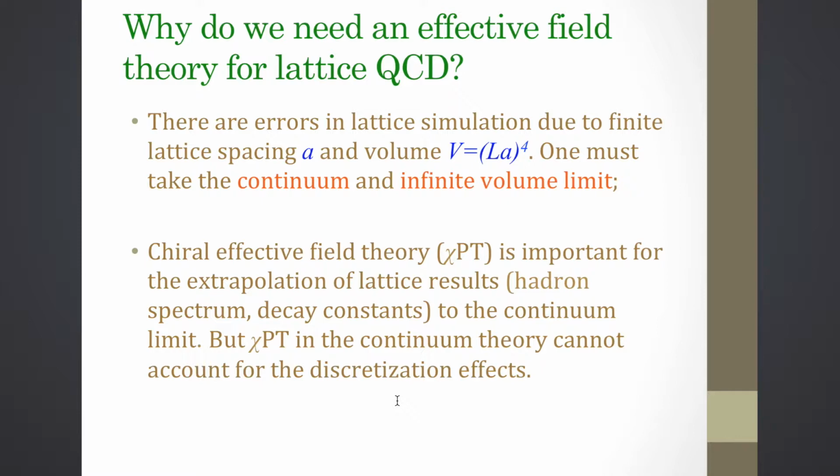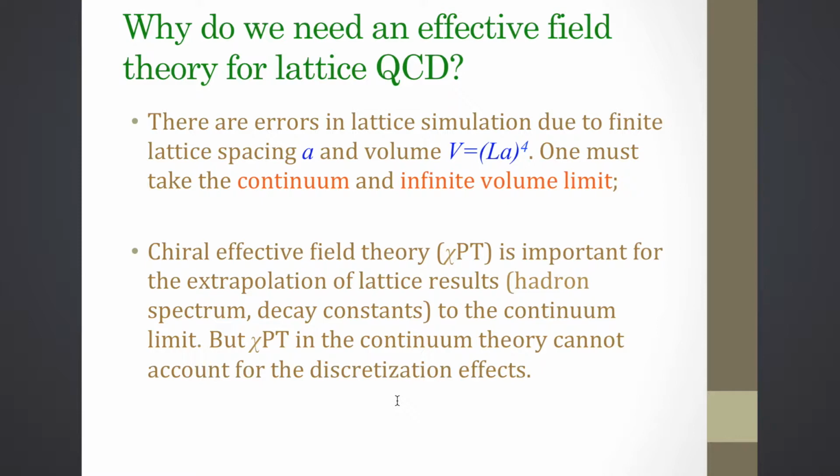These limits are taken by extrapolations. The chiral effective field theory plays an important role in this extrapolation. First, we get a ChiPT expression for the hadron spectrum and decay constants, and then we fit this expression to the lattice simulation results so that we can fix the parameters in these ChiPT expressions.